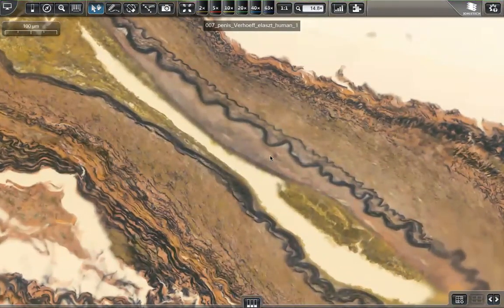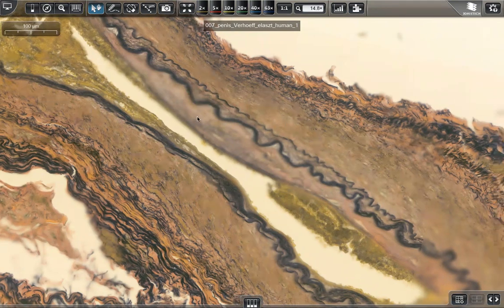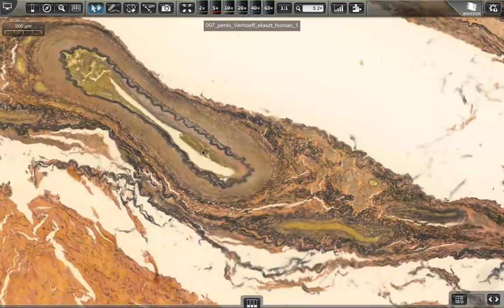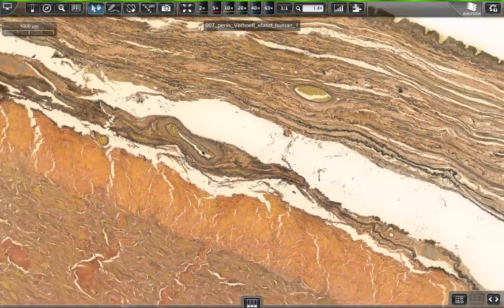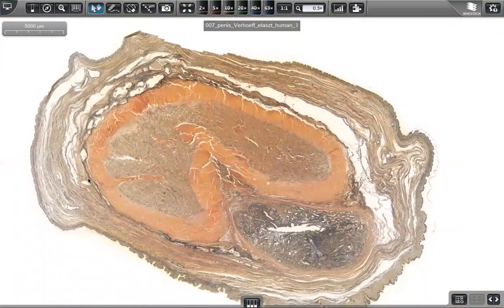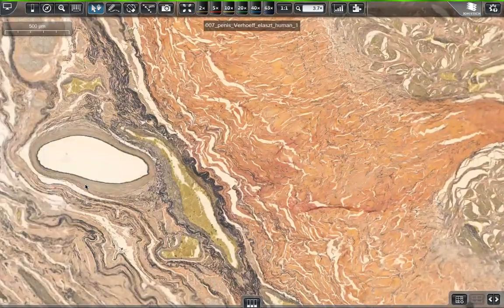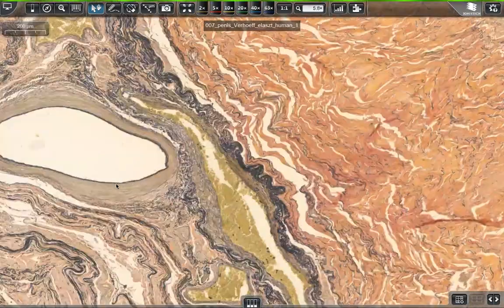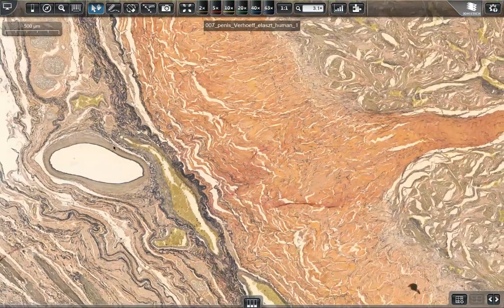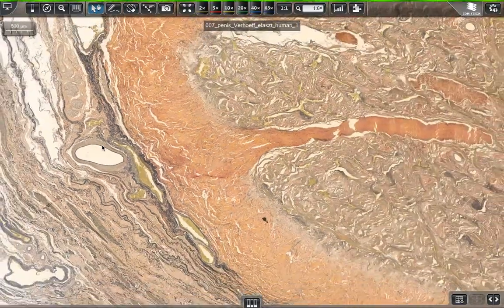This is the tunica intima. Here we have the internal elastic membrane, tunica media, and there is the adventitia. So that is the artery. The arteries are present on both sides of the corpora cavernosa. But I'm not sure. Maybe it's a branch of it, so it's not a proper lumen of the artery.